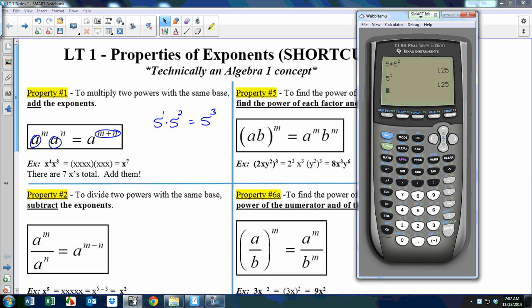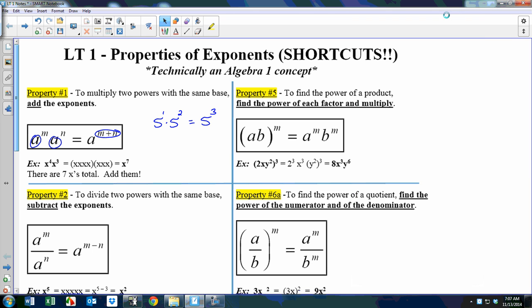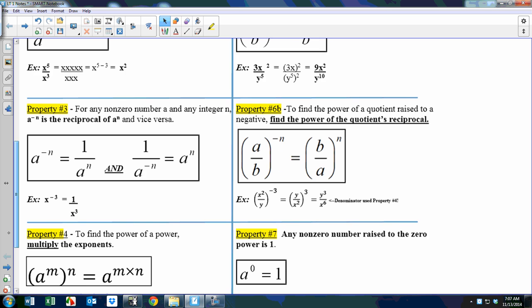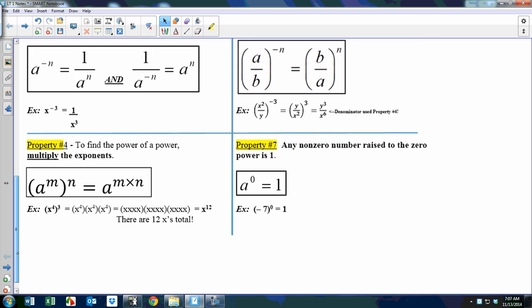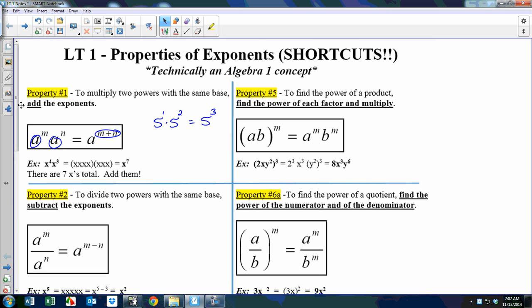And we could do this for all of these rules one by one and show how they work numerically, but that's not the purpose of the video, since this is an Algebra 2 video, and in Algebra 1 you covered these. So it's just a reminder, refresher. Looking at another property, number 5, if you are cubing a 2, an x, and a y squared, according to property 5, you cube the a and the b.